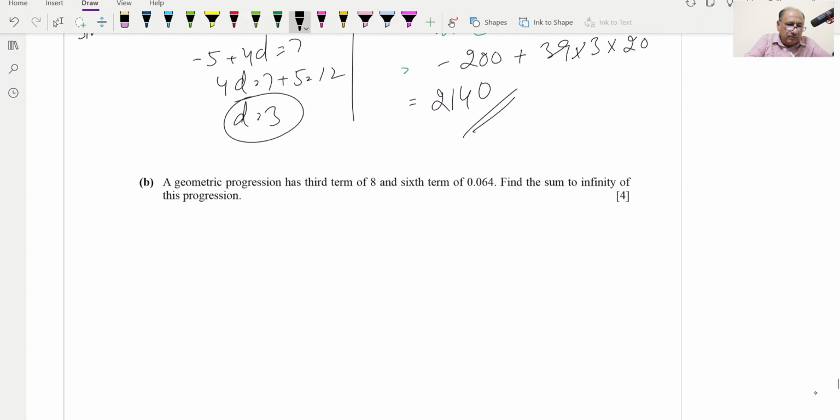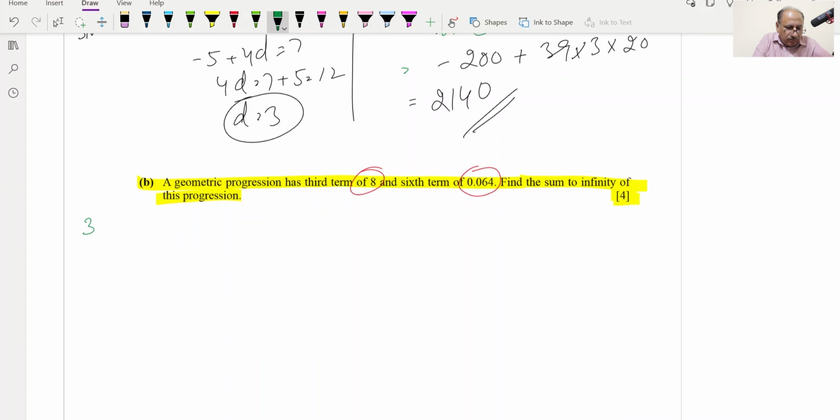B part says a geometric progression has third term 8, and sixth term is 0.064. Find the sum to infinity of this progression. So this is also a 4-mark question, so we can check the data which we have.